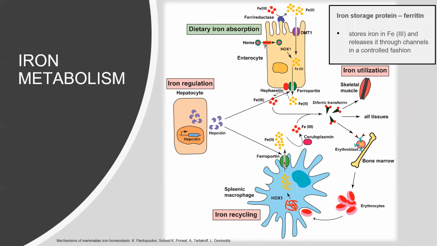What it means, for example, look at this. Ferroportin is a transport protein that leads to the efflux of the Fe2+ state. But then we can use hephaestin, right, in order to oxidize Fe2+ state to Fe3+ state.